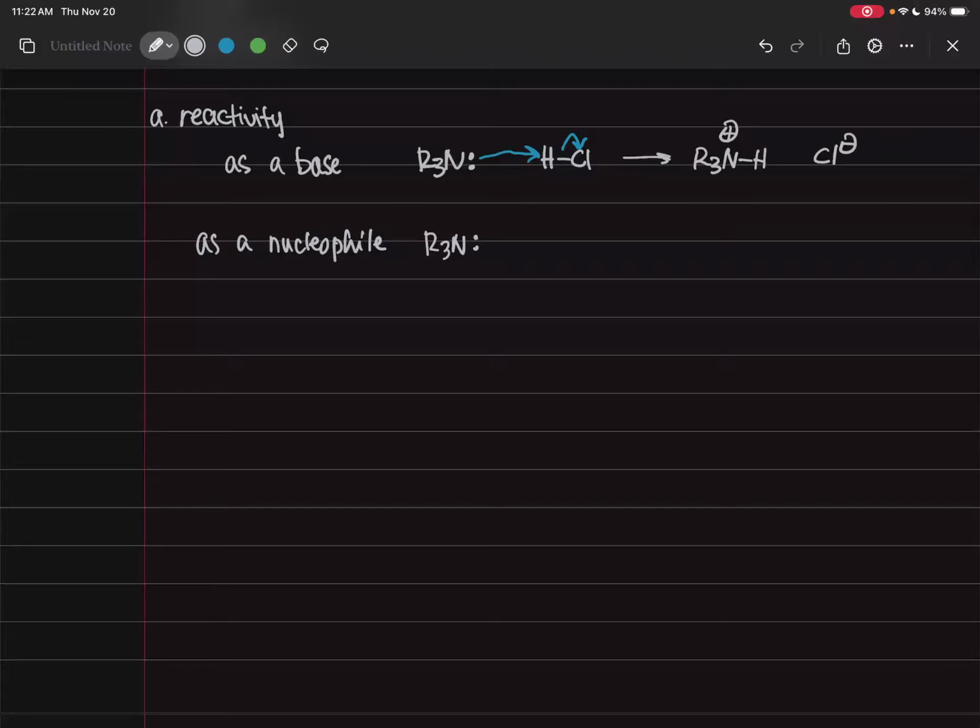So instead of hydrogen chloride, let's use methyl chloride or chloromethane. And we're going to do really the same thing here. We're going to have the nitrogen attack the carbon and kick off a chloride. This is just an SN2 reaction.